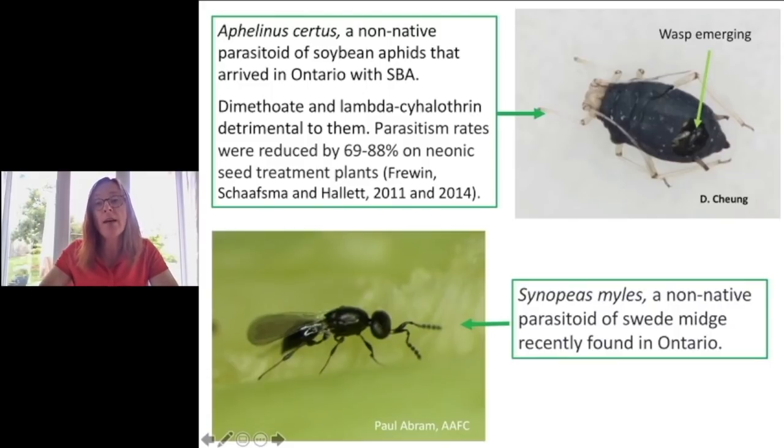But studies done here show dimethoate and Matador Silencer can have a detrimental impact on them, as well as reduced rates of parasitism on neonic treated soybeans. So again, an example of where we've got to start deciding what's the pest that you really are concerned about and how you manage it instead of trying to manage them all.